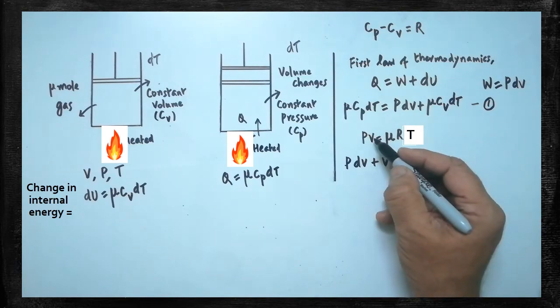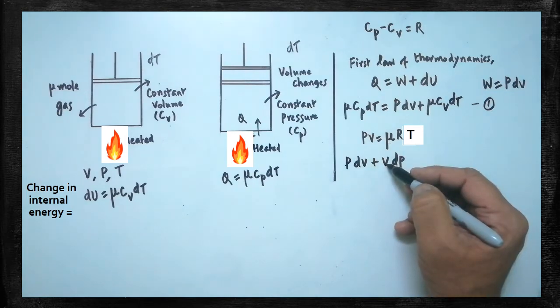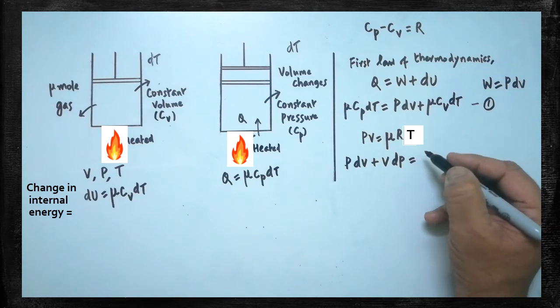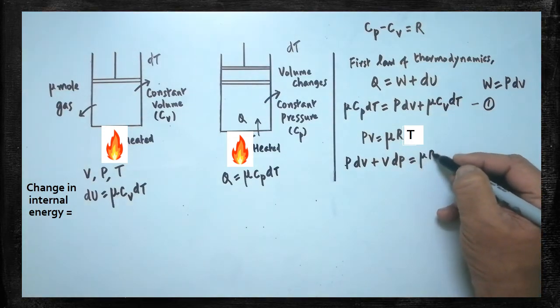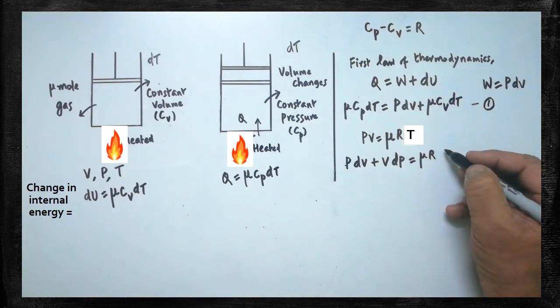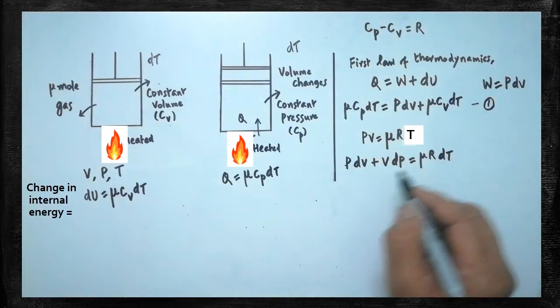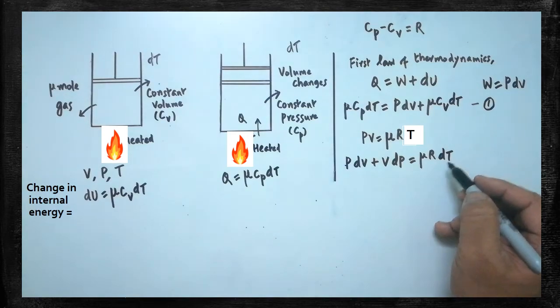Again I will repeat: P is kept constant, V is differentiated; V is kept constant, P is differentiated. After that, the same formula mu R dT can be written as usual. So in this format we can write. Here the change in temperature is here.